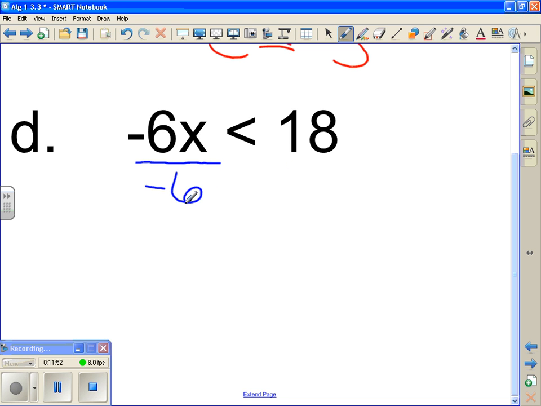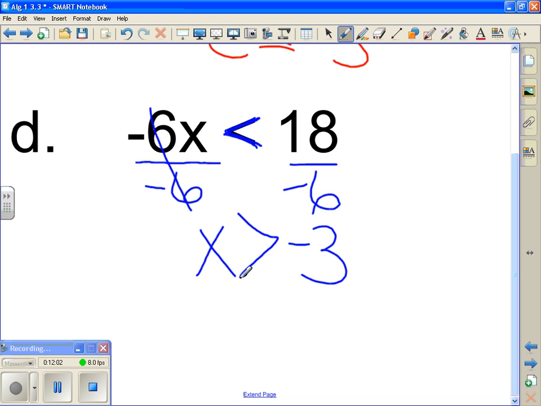Good, negative 6. And you'll find x is negative 3, and the less than sign, that's right, turns into a greater than because you divided by a negative. So remember, only switch it when you divide by a negative. Okay? That completes our lesson for 3.3.